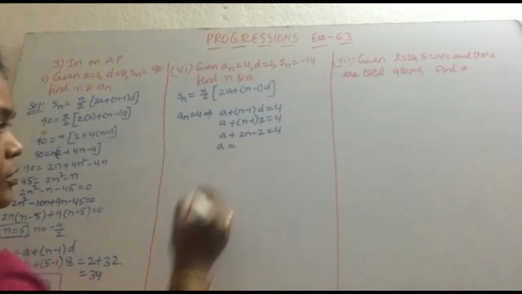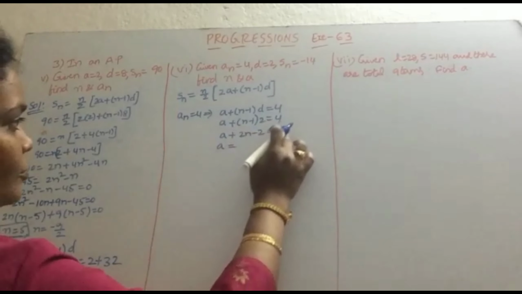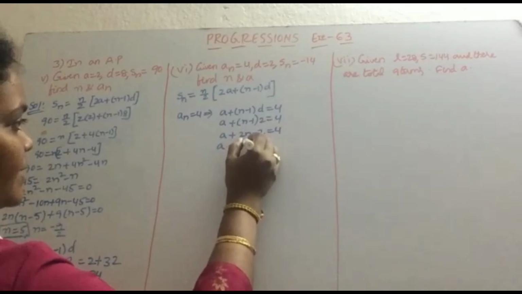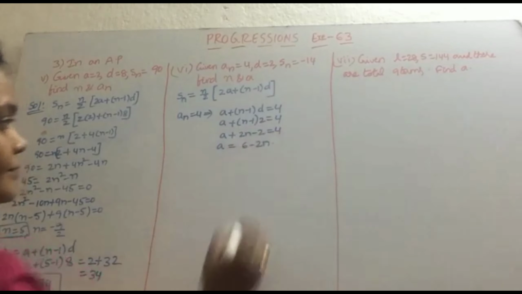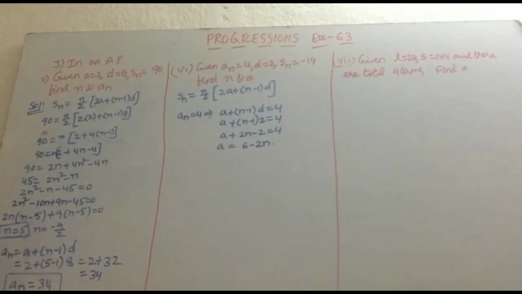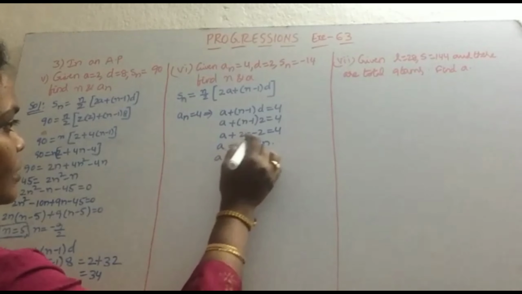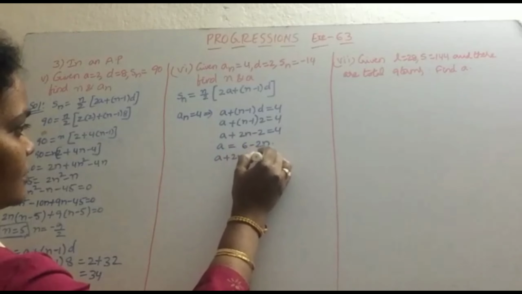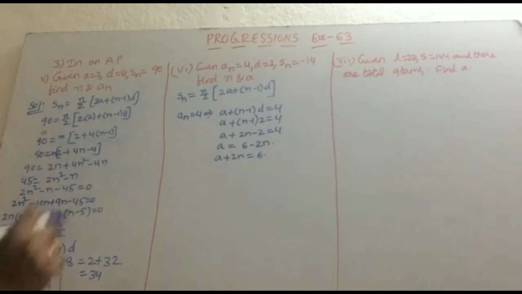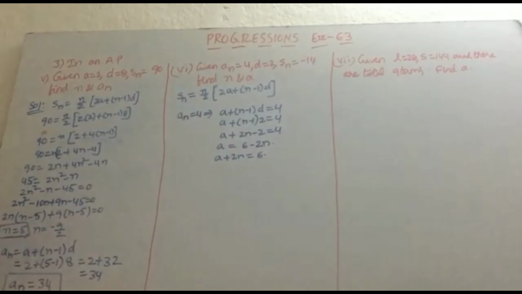So a is equal to 4 plus 2, 6, 6 minus 2n. So a is equal to 6 minus 2n. Otherwise a plus 2n is equal to 6.